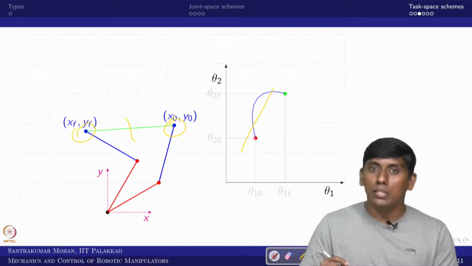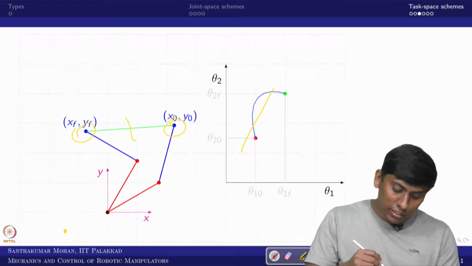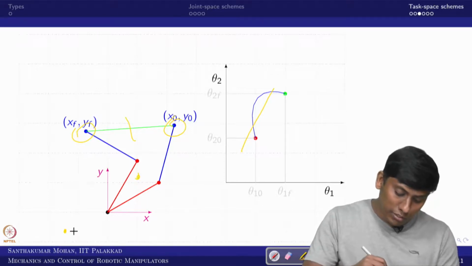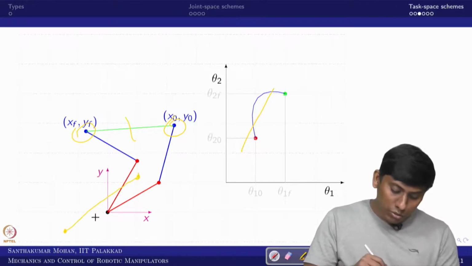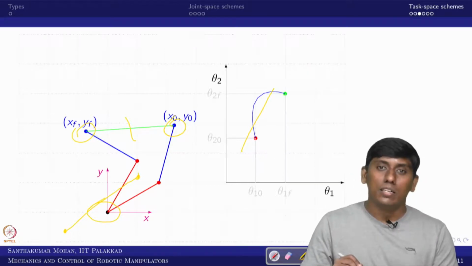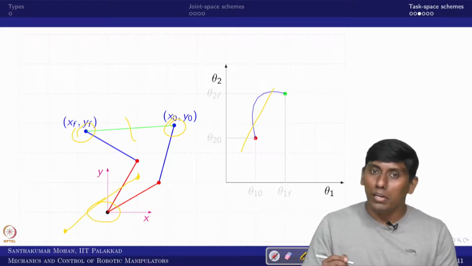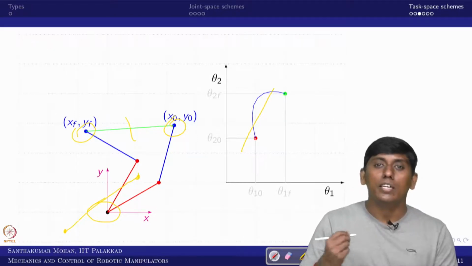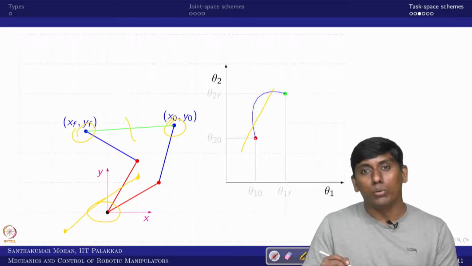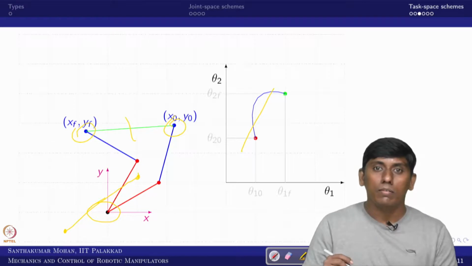The other possibility is, for example, this is the initial position and this is the final position. I make a straight line, so this zone may be a near singular case. In that sense, the joint acceleration would be infinite. Similarly, joint velocity would be infinite.